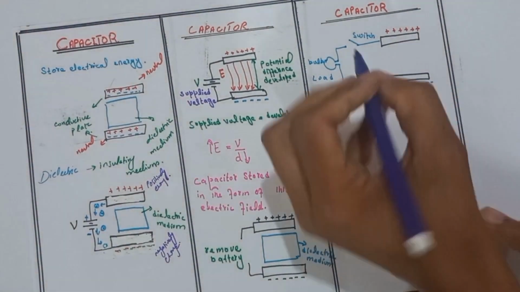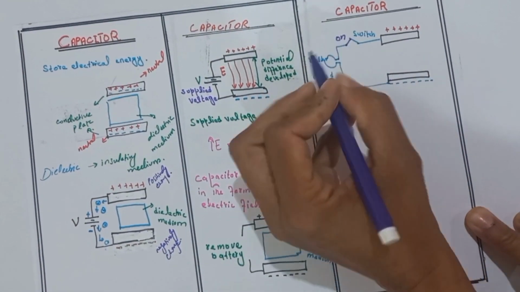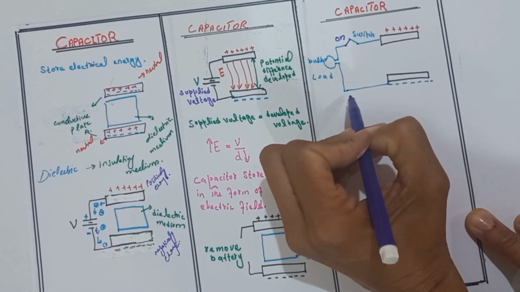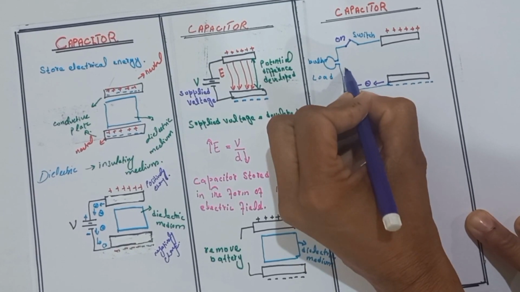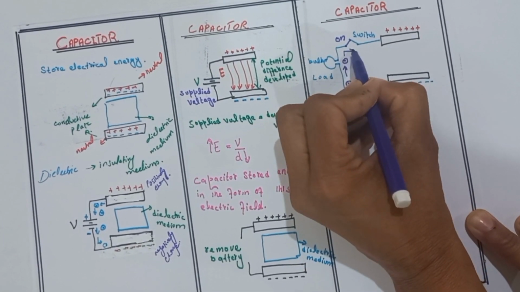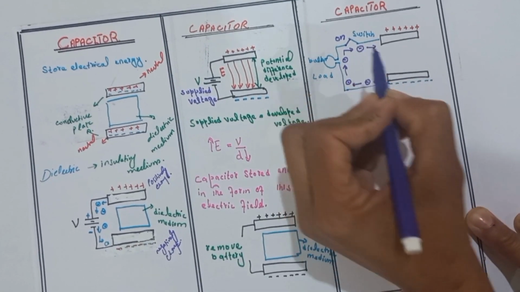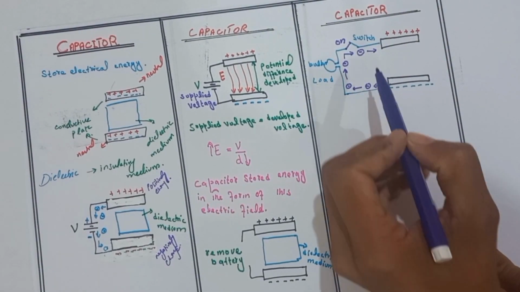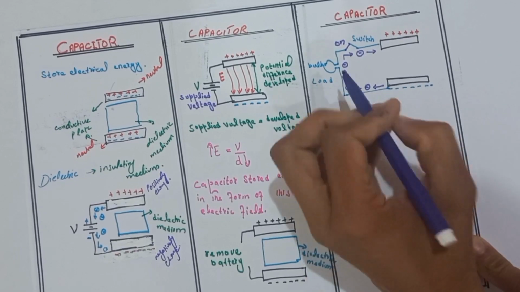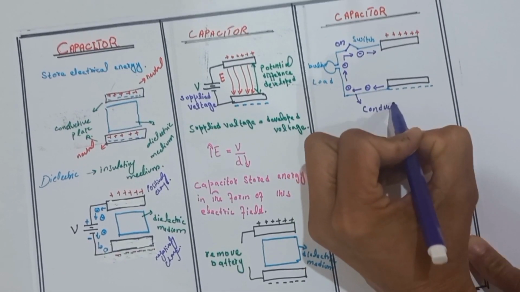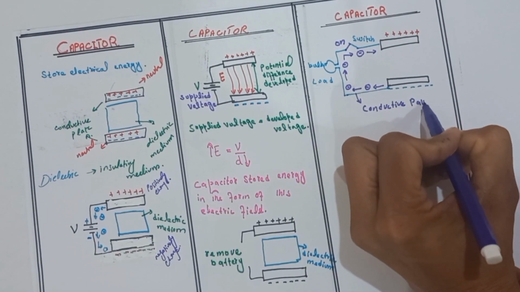When we turn on the switch, then the electrons from the bottom plate will be attracted toward the positive plate. In this way, you will see that the charges transfer from the bottom plate to the top plate, or flow of current through this conductive path, which is between the two plates of the capacitor.